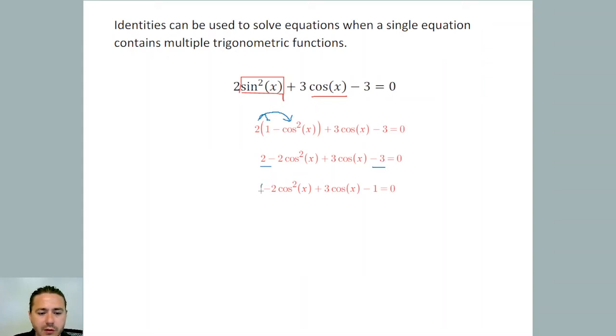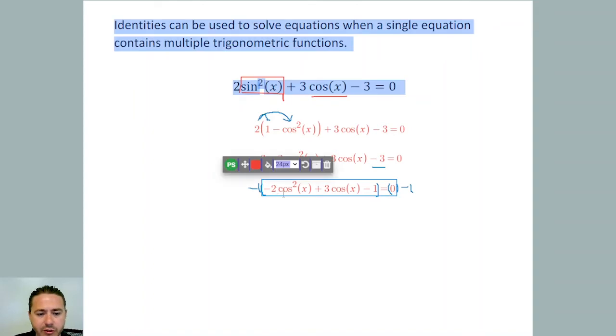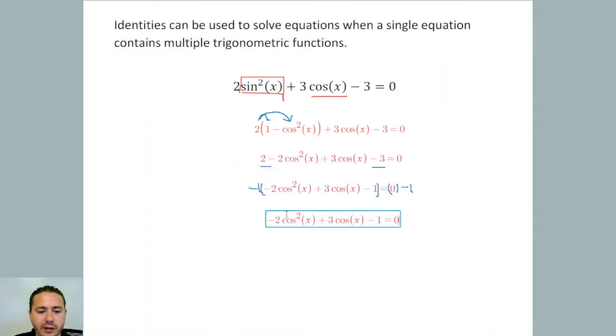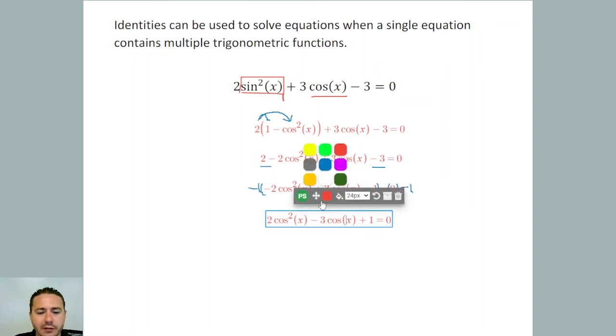Really the only reason I'm doing this is to make my factoring a tad bit easier. And so what I get is basically the same equation, but all the signs will be reversed. Okay, so I'll have positive 2, minus 3, positive 1. Now I can factor this, okay?